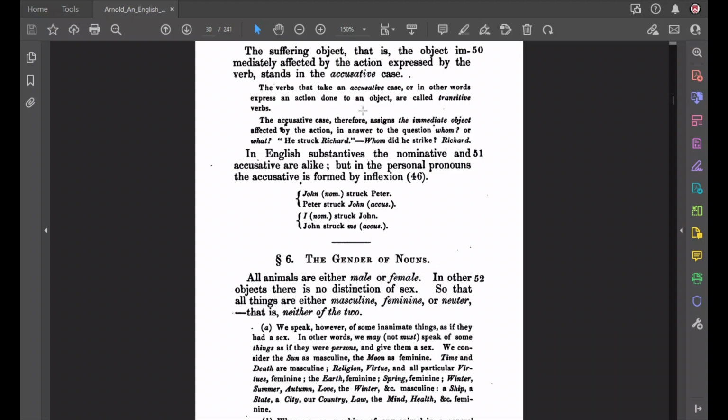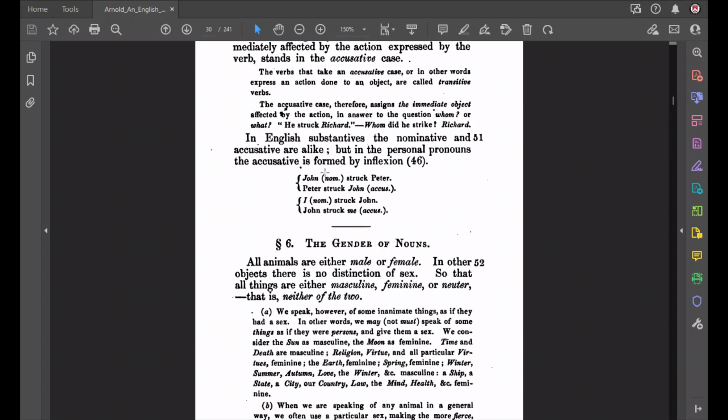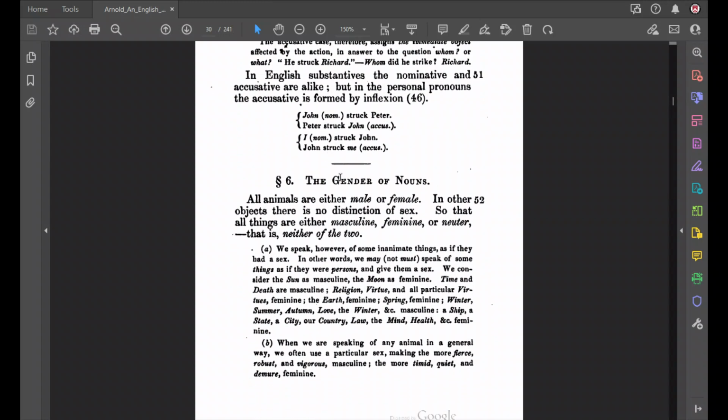So constantly be moving forward into new material, but also going back and reviewing old material. Let's go ahead and get started now with lesson 6 on the gender of nouns.